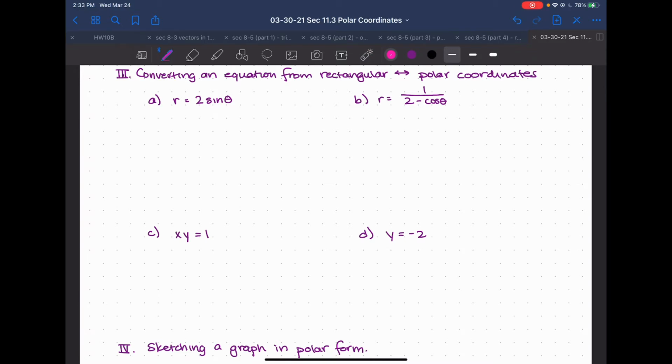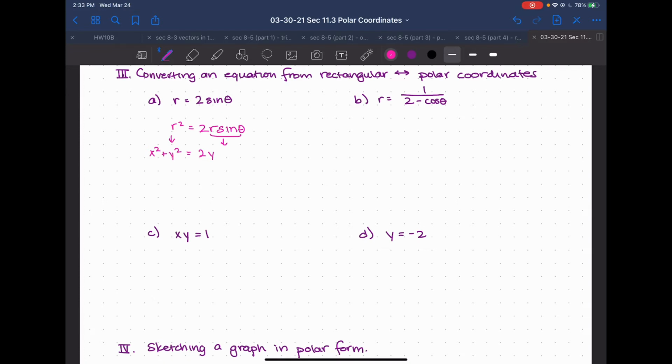If I were to take this one and multiply both sides by r, it ended up helping a lot, because we know r squared is x squared plus y squared using those formulas. And we also know that r sine theta is y.